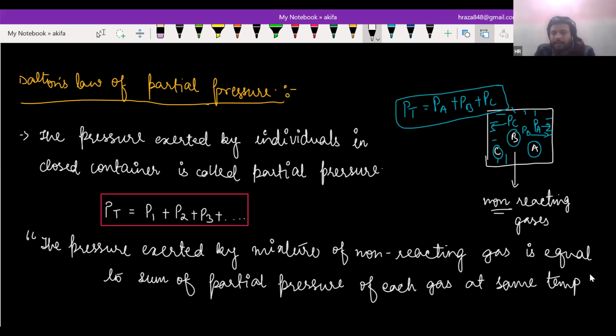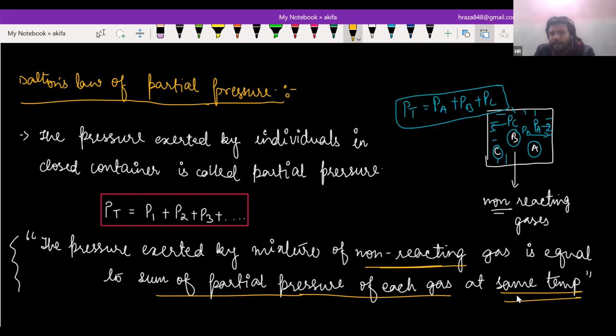There are two conditions: the temperature should be constant, and the gases should not react with each other. So this defines Dalton's law. According to Dalton's law, the pressure exerted by a mixture of non-reacting gases is equal to the sum of partial pressure of each gas at constant temperature. Okay, just write it.